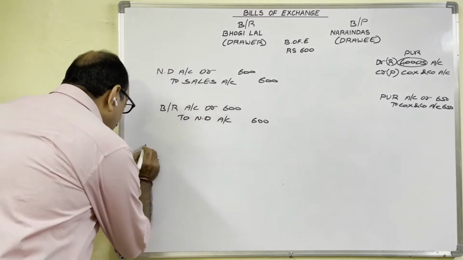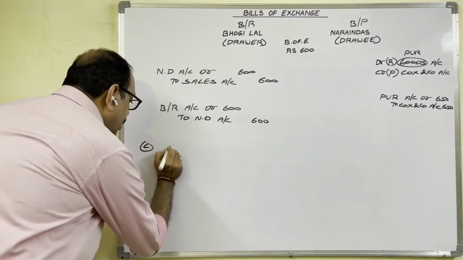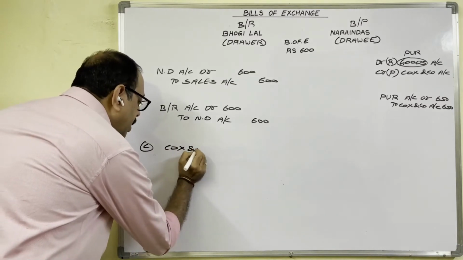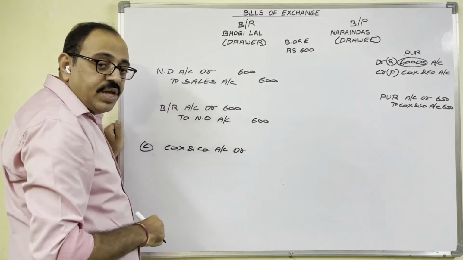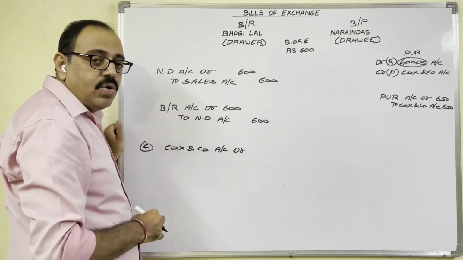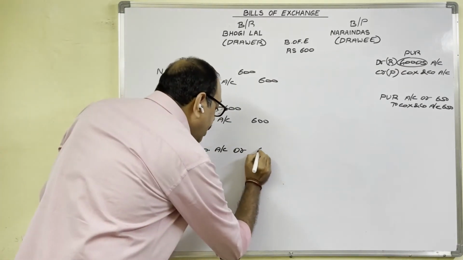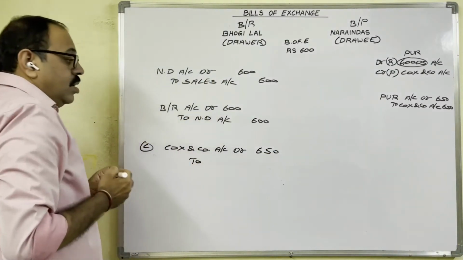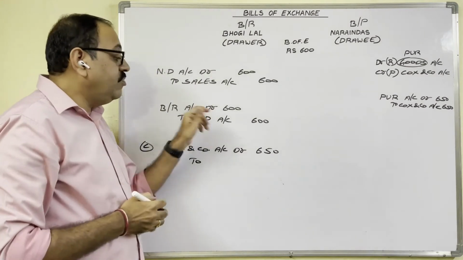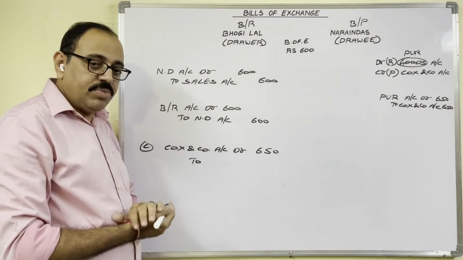Therefore, the entry is Cox and Company account debit. Once we credited their account with 650, as we are settling their loan amount, we have to debit 650 rupees. How much worth of bill are we giving? 600 worth bill.